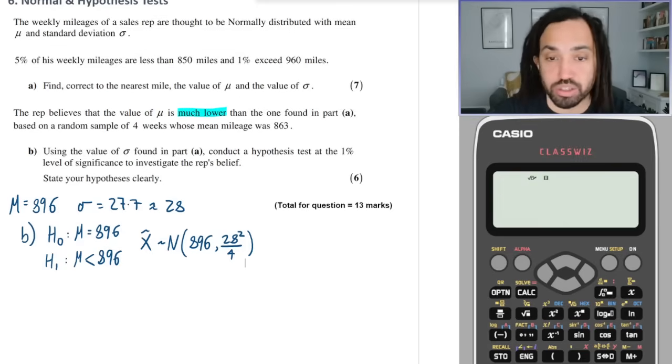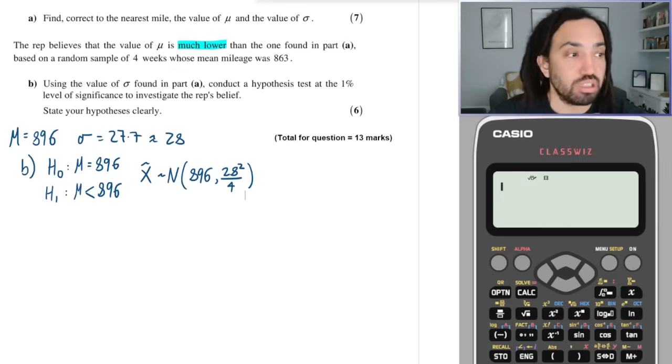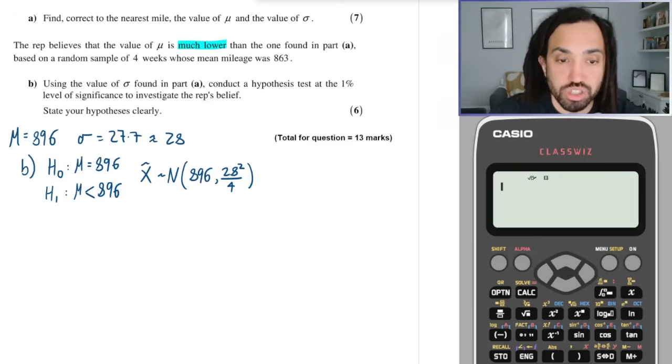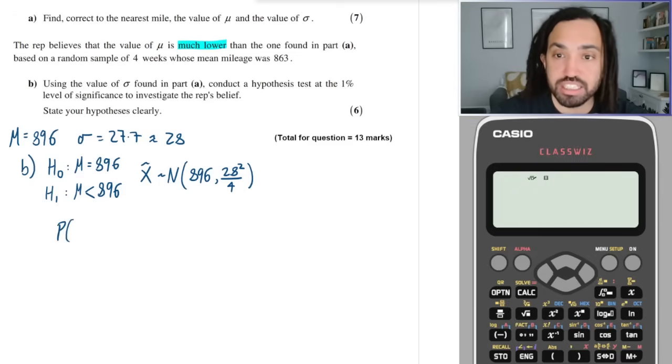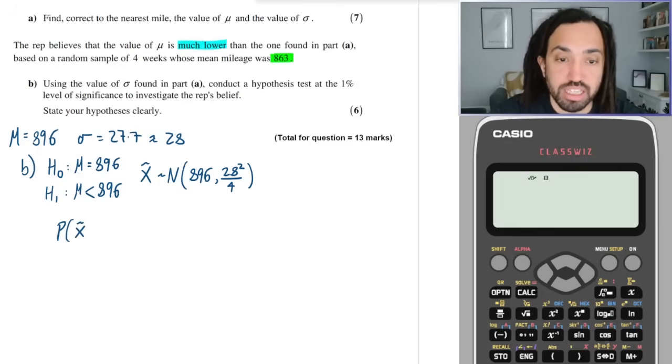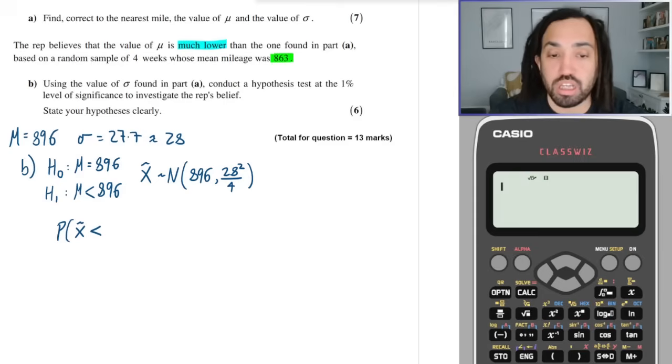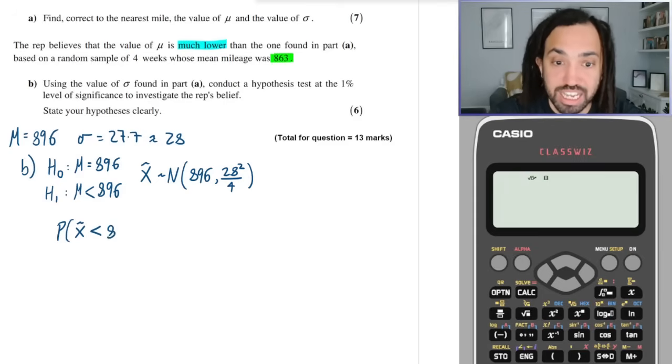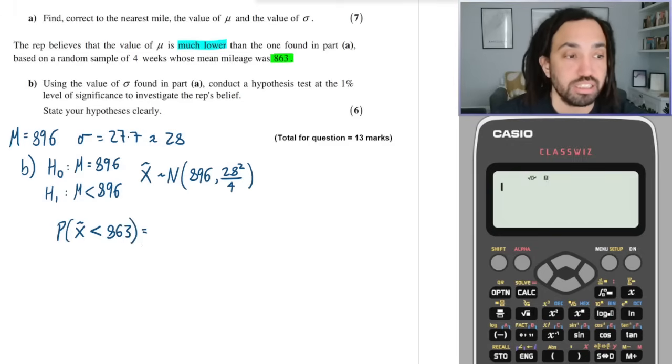Now, what we need to do is figure out what is the chance that this test statistic occurs, or not just that particular value, but anything less than, which would also strengthen our claim. So the probability that from the sample distribution we're going to get a value which is less than 863 needs to be calculated.